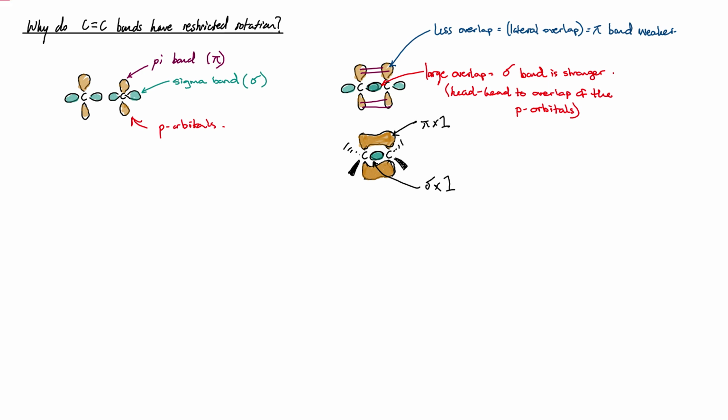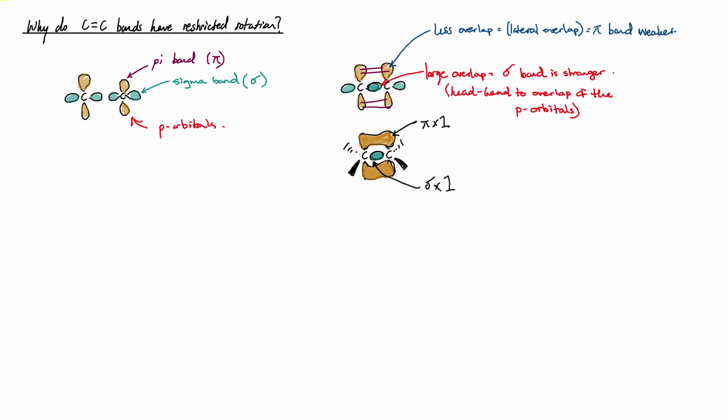Just because there's two areas of electron density, like here and here, it doesn't mean there are two pi bonds. Those two areas of electron density form one pi bond and not two, and that's a common misconception students have.